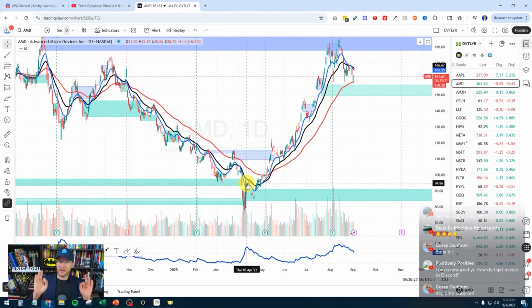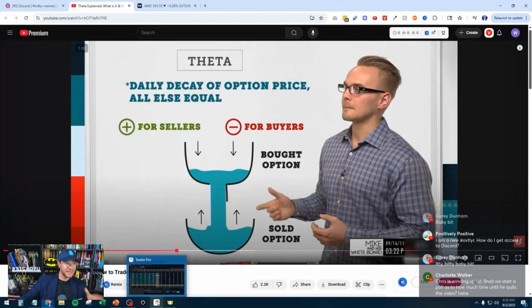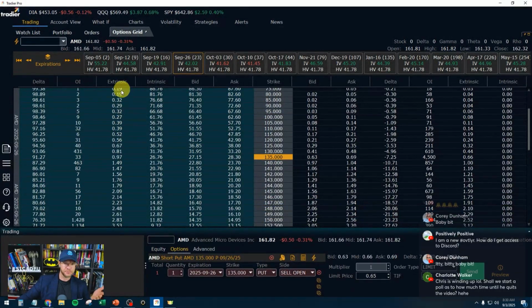I'm telling you, I'm so passionate about this because I lived it and I don't want you to live it. You can mitigate this. You can work against this by just going deeper and deeper into the money. Because look how much extrinsic value there is. 90 cents on this one. 90 cents on $33.20.